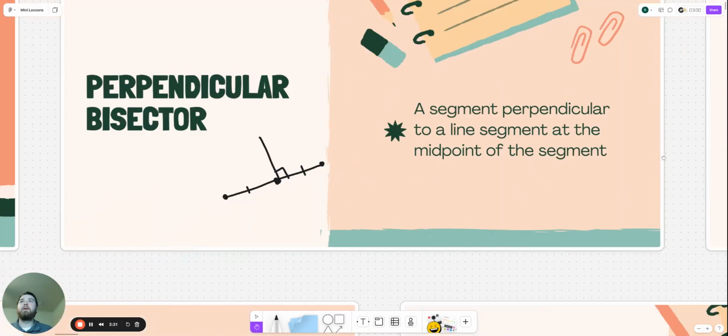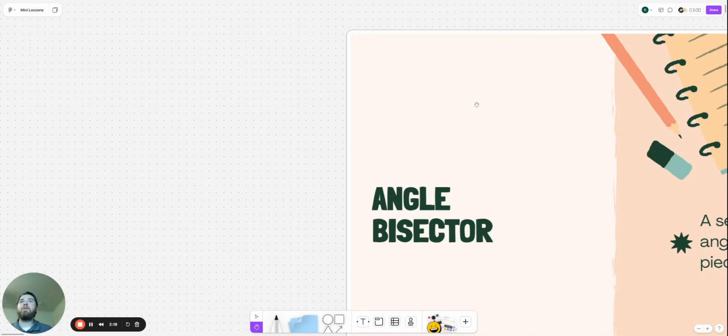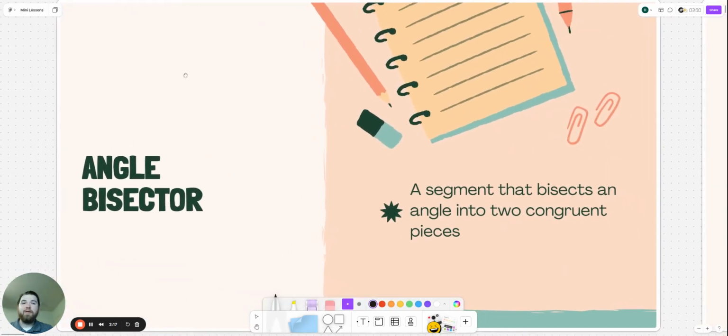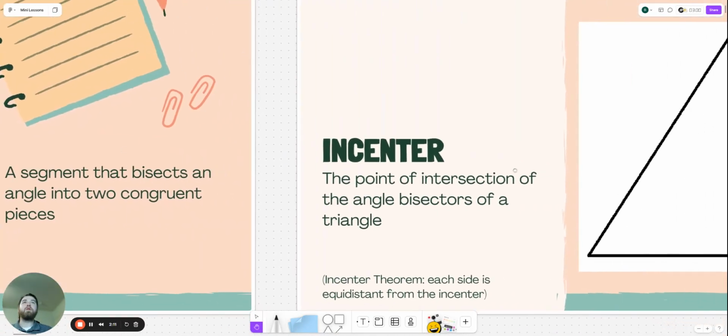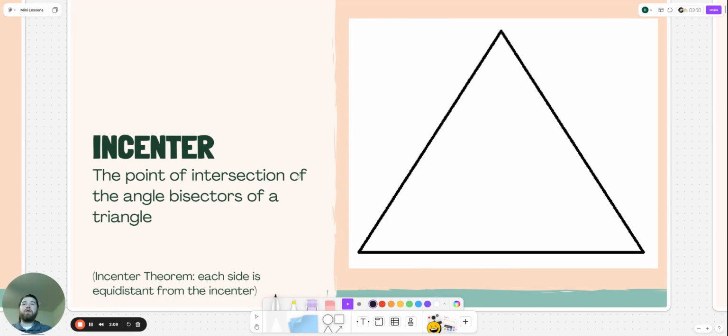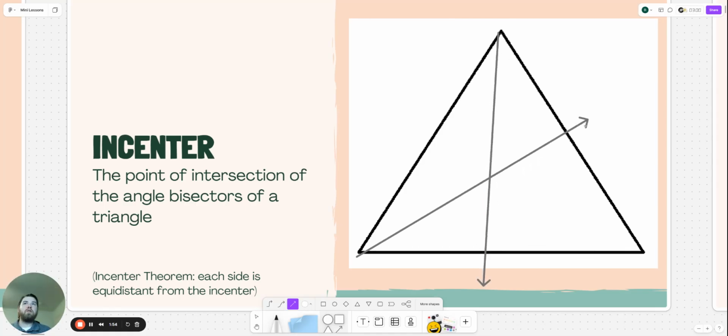All right. So let's slide down over here. An angle bisector is very similar to a perpendicular bisector, but an angle bisector is just something that splits an angle into two equal pieces. And when you see that in a triangle, you're going to notice that the angle bisectors create what's called an incenter. So if I go ahead and draw a bisector that splits this angle, you're going to see that they all come together.